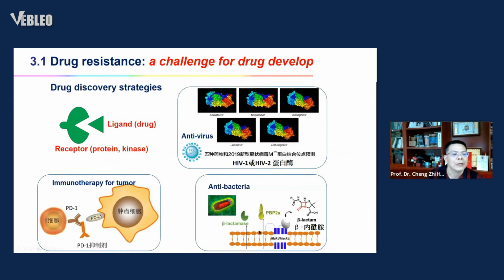As you know, the most popular strategy for drug development, including those for immunotherapy, antivirus, and antibiotics, is based on the basic interaction between the ligand and the receptor.